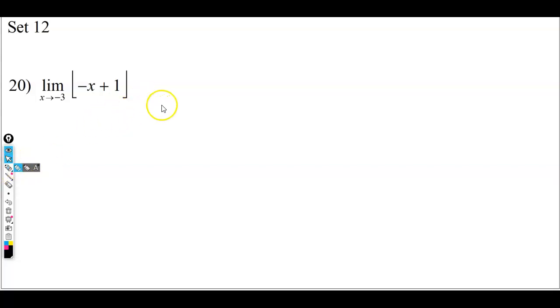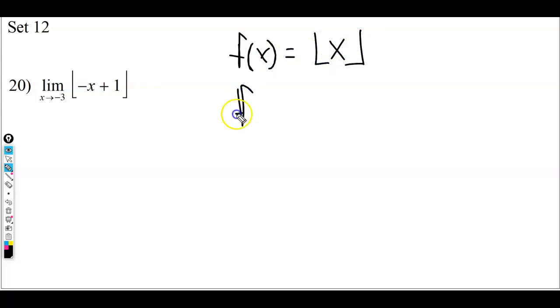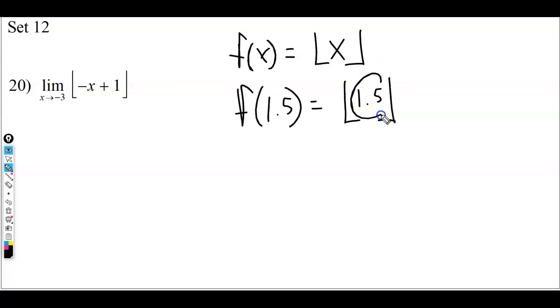In case you forgot what a step function is, a step function is something like this, where let's say if you were to plug in 1.5, what a step function does is it takes this number and it rounds it down to the nearest integer. What's the nearest integer to 1.5 that is lower than that? Well, the answer is 1.